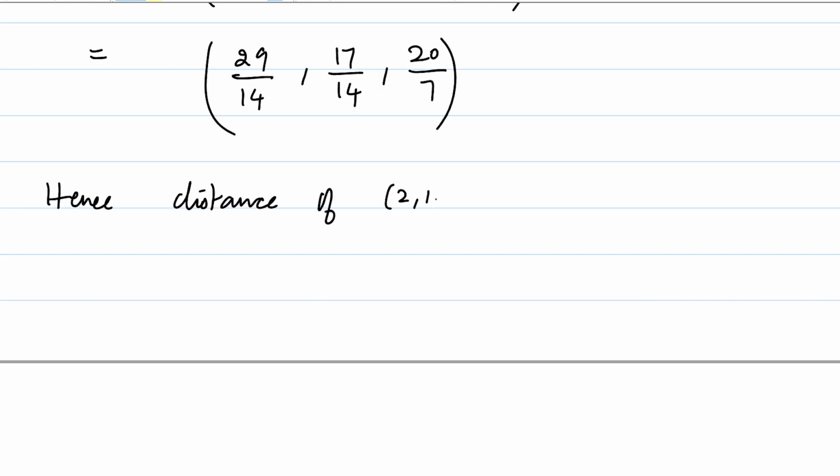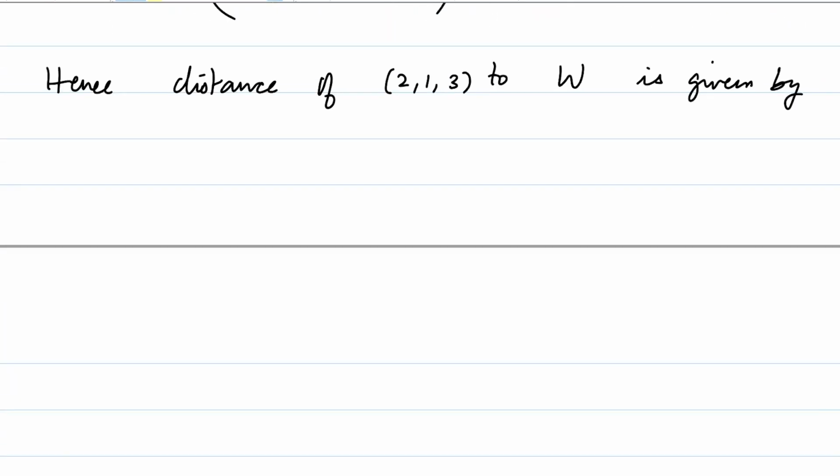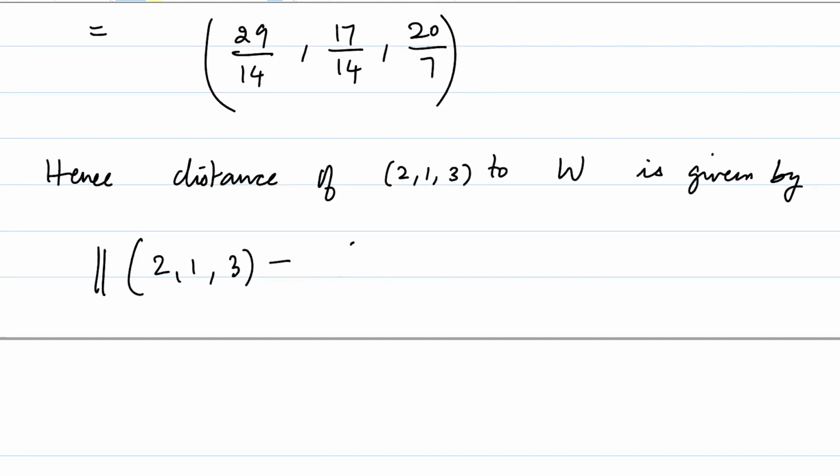and hence the distance of (2, 1, 3) to W is given by, so this distance is with respect to the length that we are obtaining from our given inner product. So this is just going to be the length of (2, 1, 3) minus (29 by 14, 17 by 14, 20 by 7).